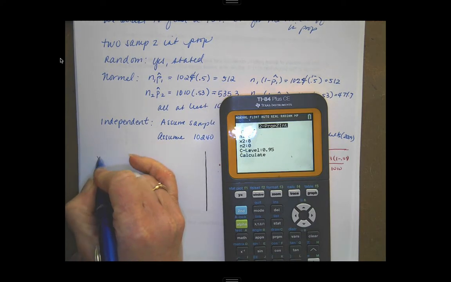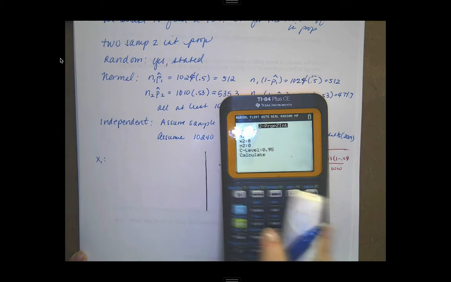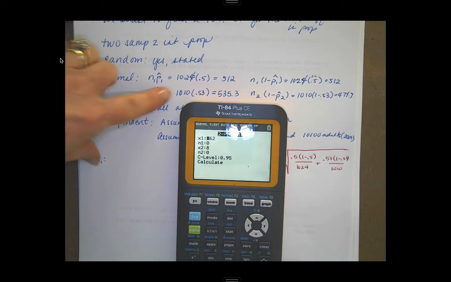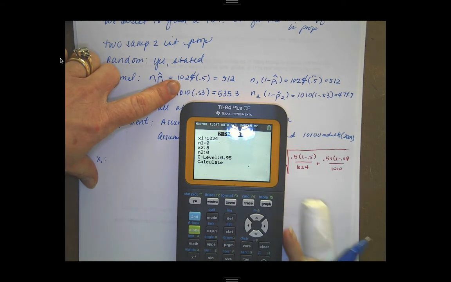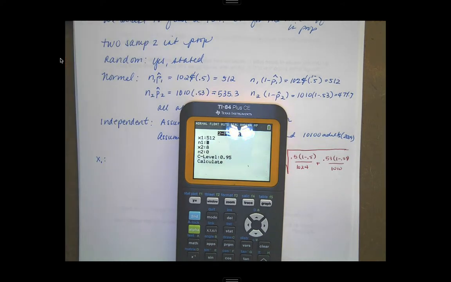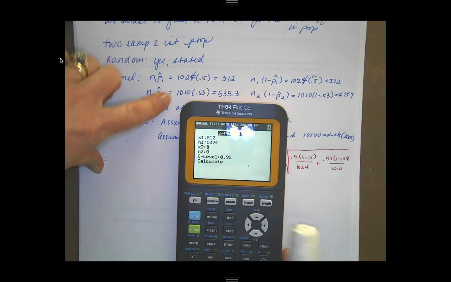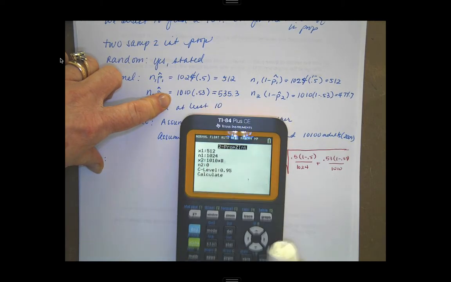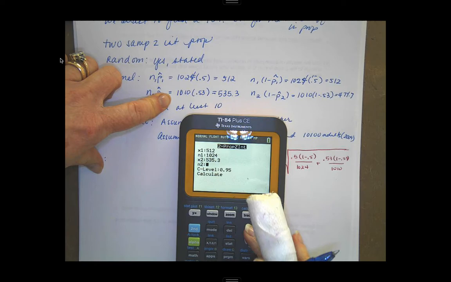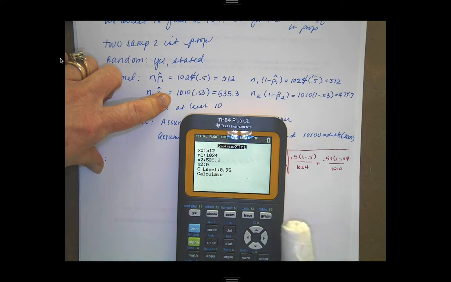Just like before, remember these x's have to be counts. So if I'm doing this one right here, I get 512, so that's good. But when I do this one down here, I get a decimal, I'm going to get an error message. So I've got to put that as a whole number there.